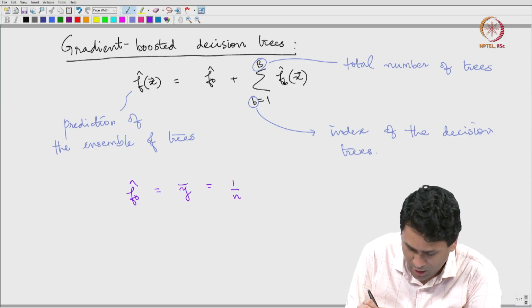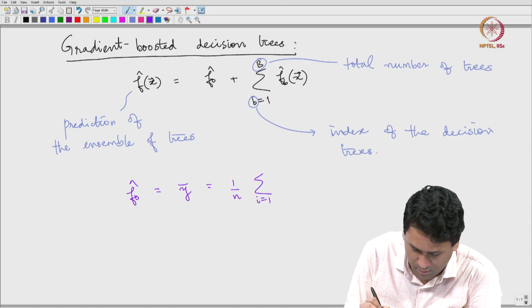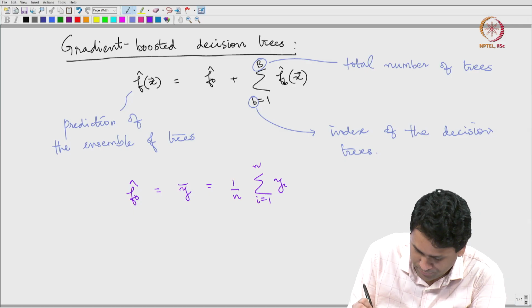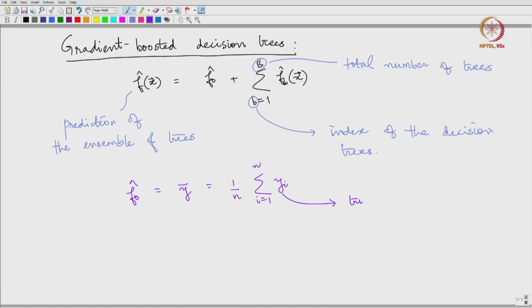So that is just 1 over n, sum i going from 1 to n of y i, where these y i's are the true values of the target variable, and small n of course is the number of points in the data set. So at this stage we have already specified what f naught hat is. The only thing that remains in the gradient boosted decision tree is to specify this function f b hat.